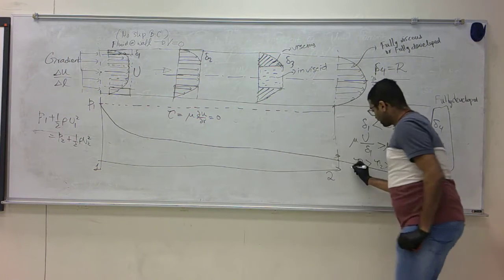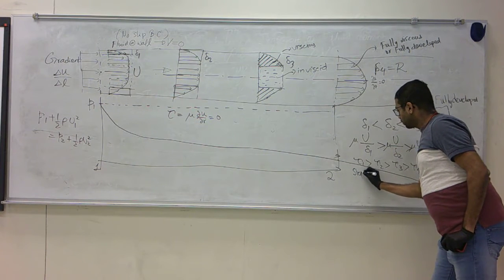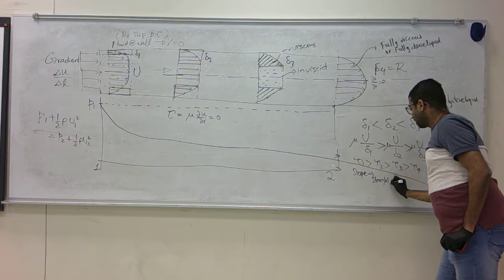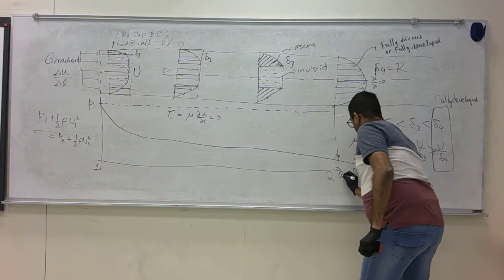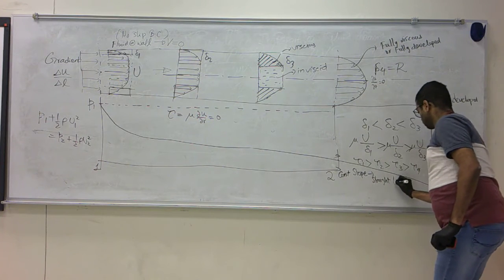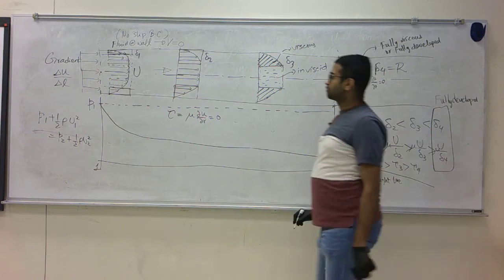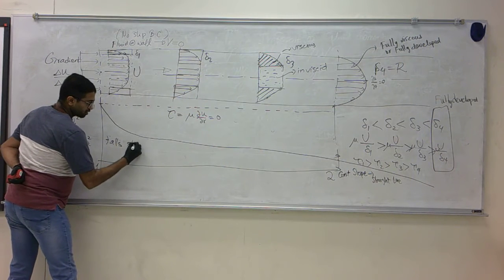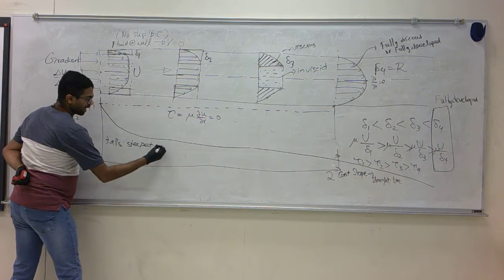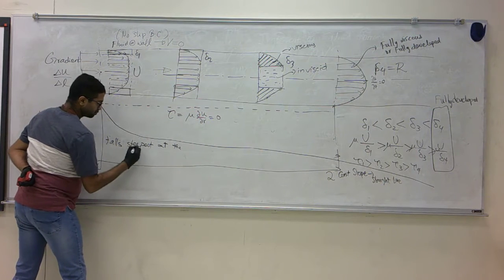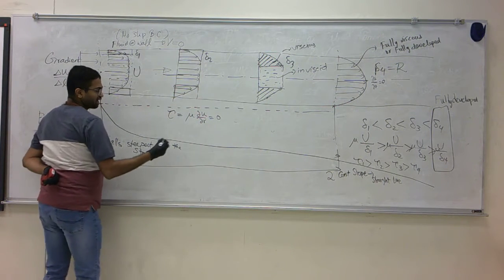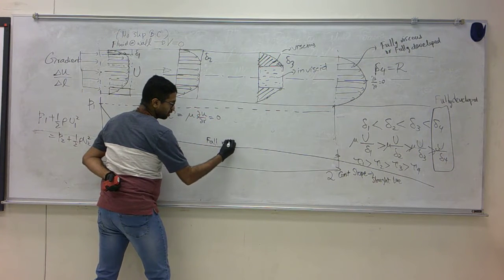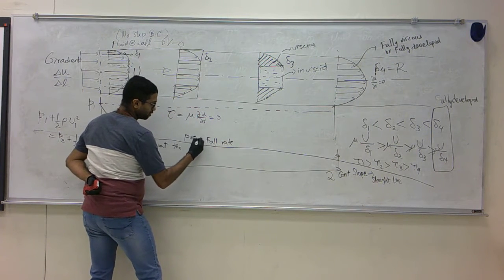So this part here, the slope corresponds to a straight line, constant slope, whereas it falls steepest at the start.